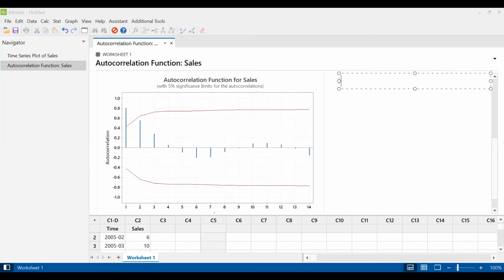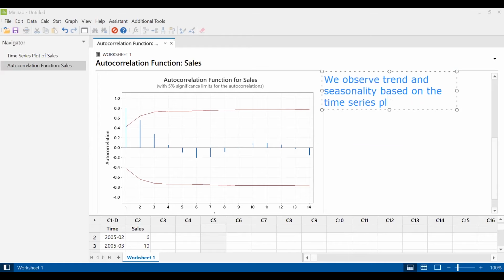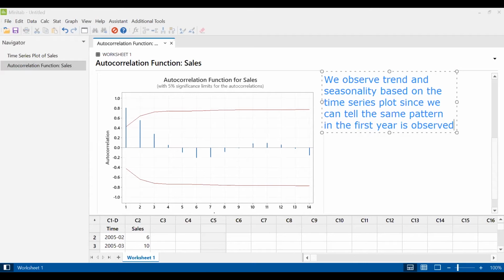We will say, we observe trend and seasonality based on the time series, since we can tell the same pattern in the first year is observed in the second year.